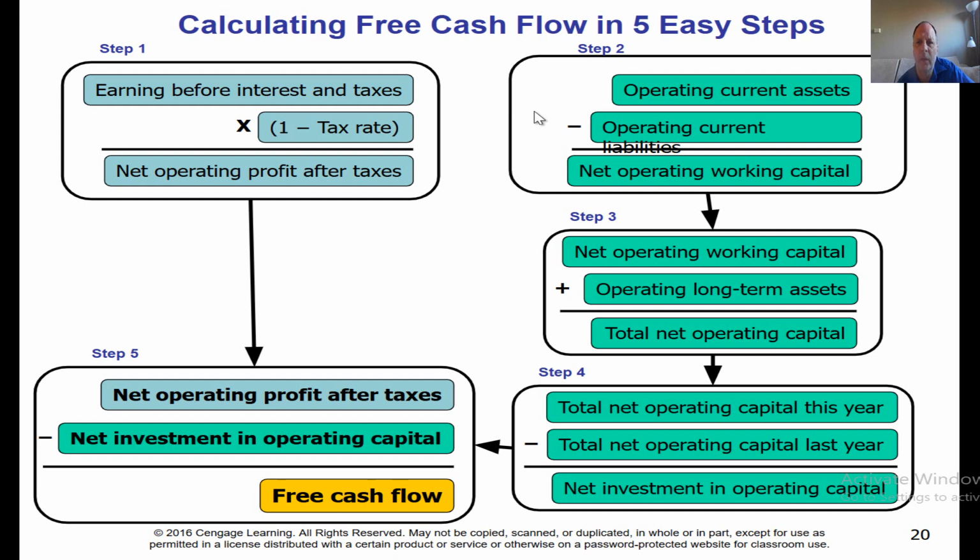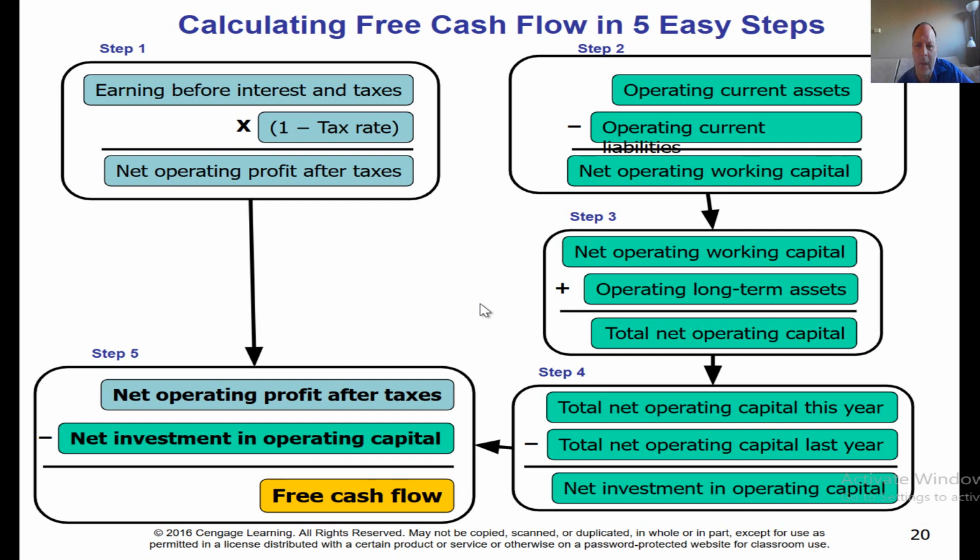Then you look at net operating working capital, which is operating current assets minus operating current liabilities, both of which have increased drastically in the example of our firm. Then you take net operating working capital and add to it operating long-term assets, which have also increased drastically for our firm. That gives you the total net operating capital.